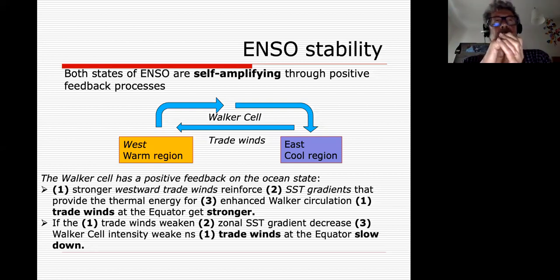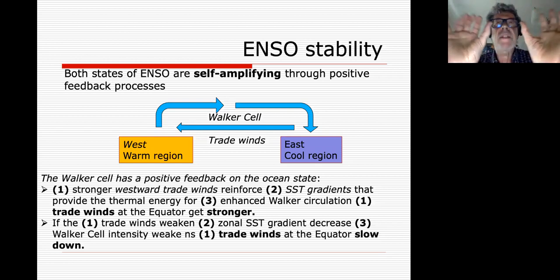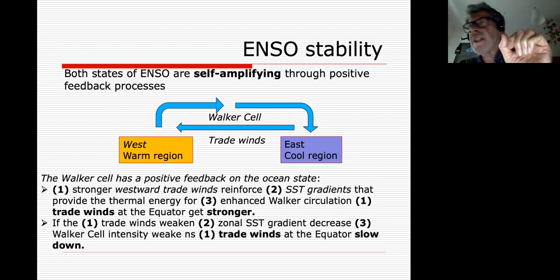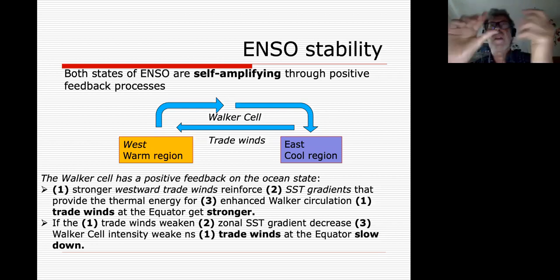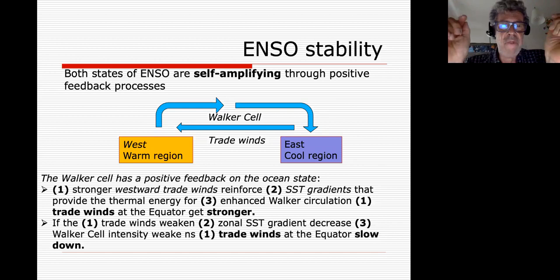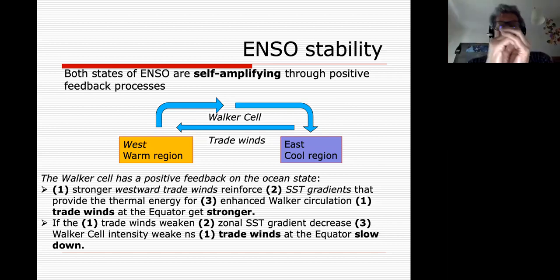I think it's important to state and to discuss a bit the fact that the two states, El Niño and La Niña, tend to self-stabilize, or even better, self-amplify, because there is a positive feedback process between atmosphere and ocean in each state.